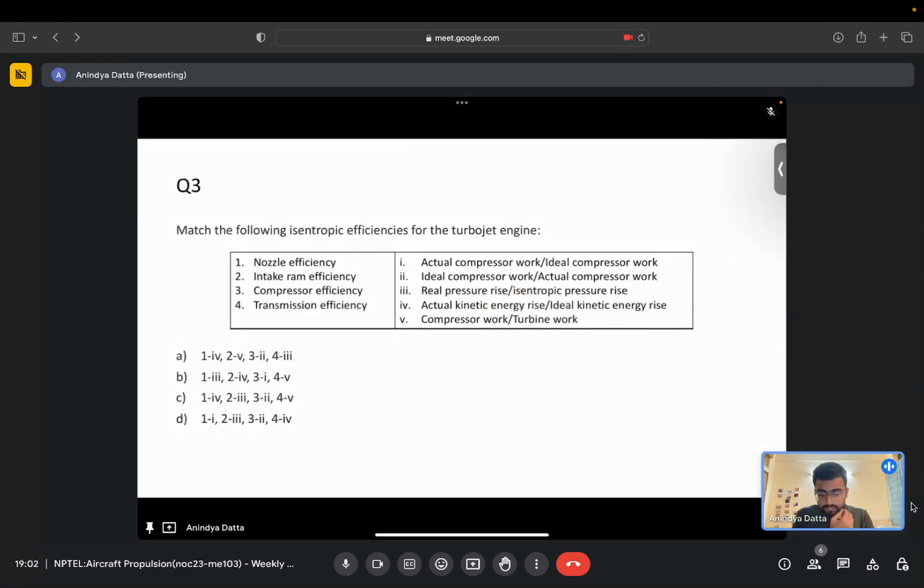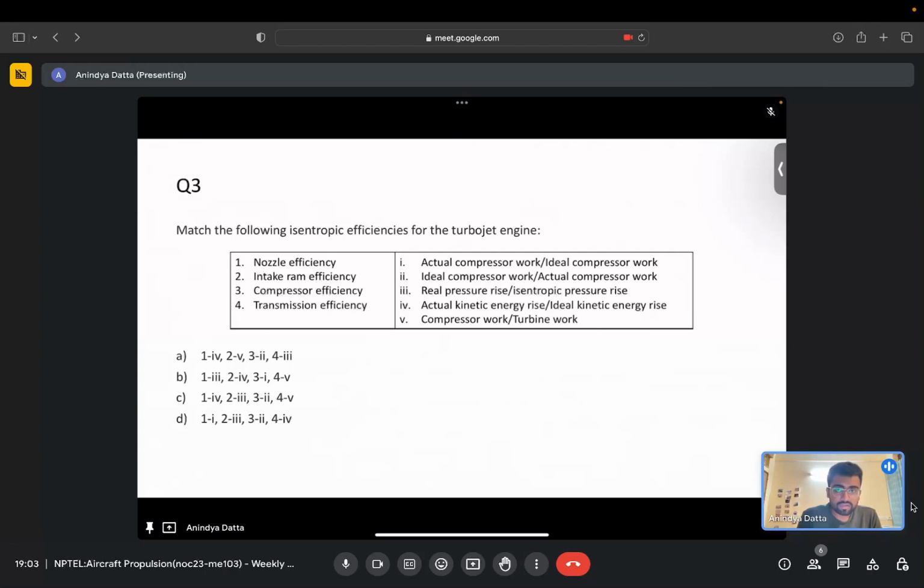Now we have a few MCQs, so I would like you to answer them in the chat box. First we have a match the following. On the left we have four efficiencies and we have to match them with the definitions.